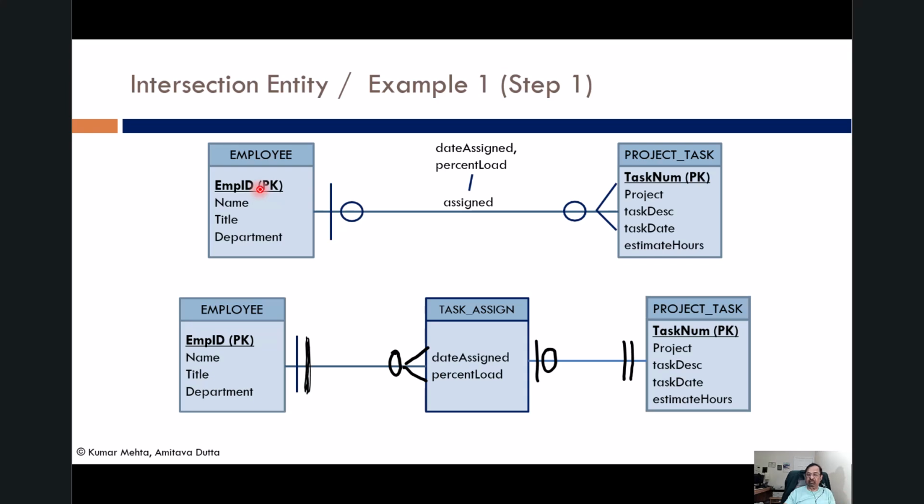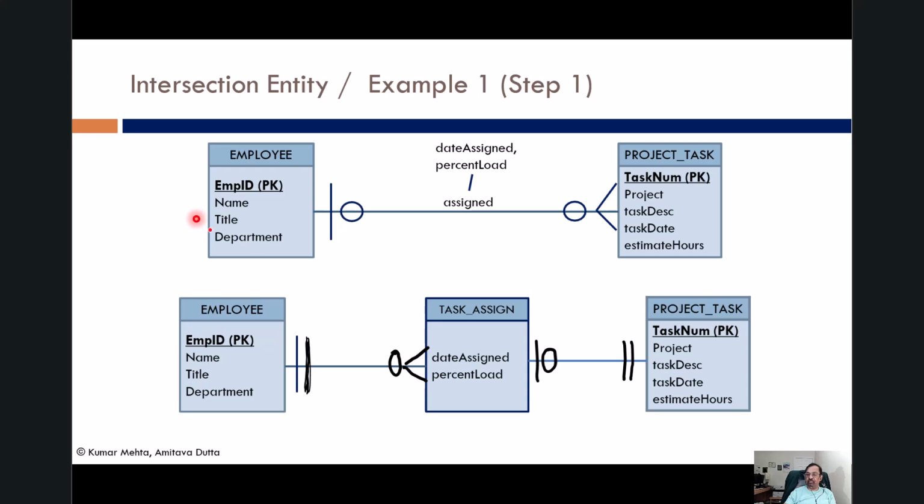Every entity must have a primary key. That's the identifying attribute, the attribute that uniquely identifies each instance of that entity. So in the case of project task, the task number uniquely identifies the project task. So one employee is assigned to at least 0 and at most many project tasks.